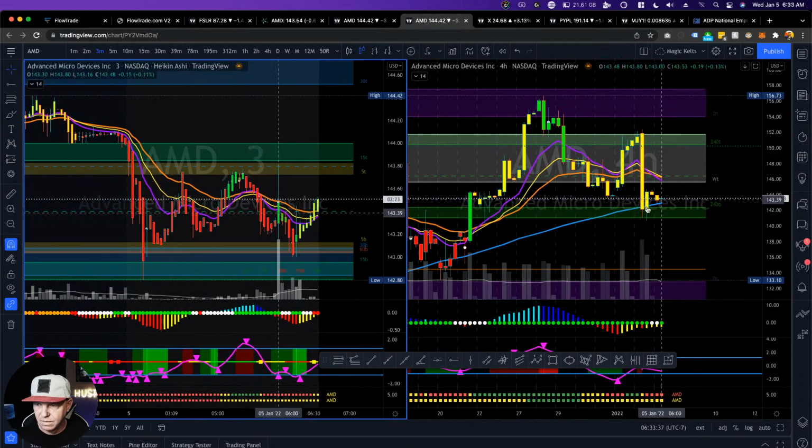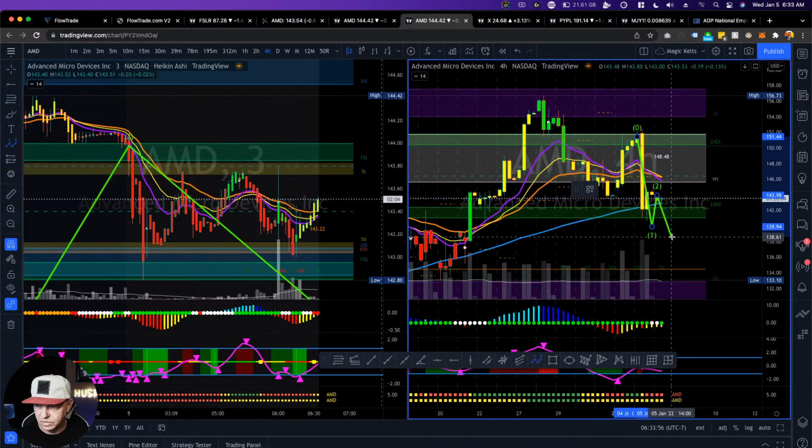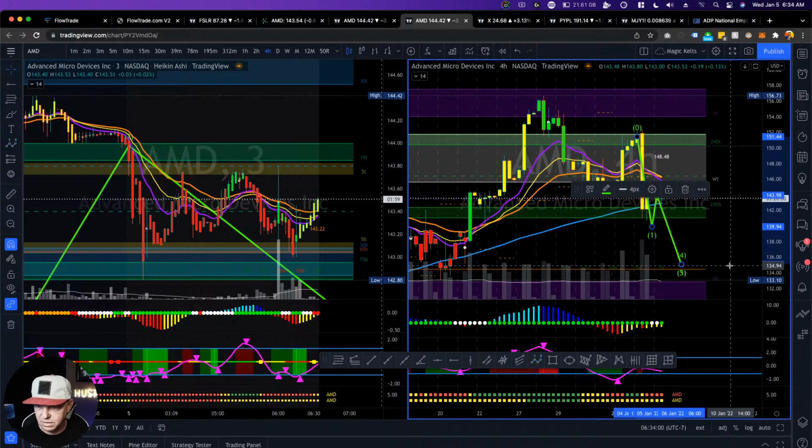We're riding that 50-day, right? This is the 4-hour 50 that we're using as support right now. 1, 2, 3. Oh, it's so tough. Double red. Right, this is a pretty nasty move here. Pretty nasty move.